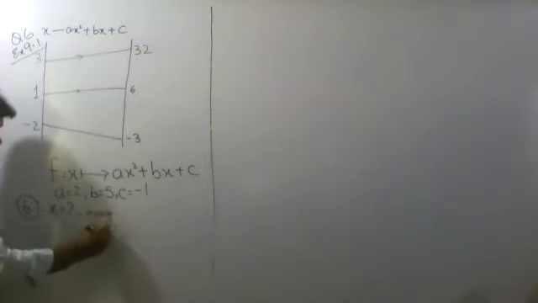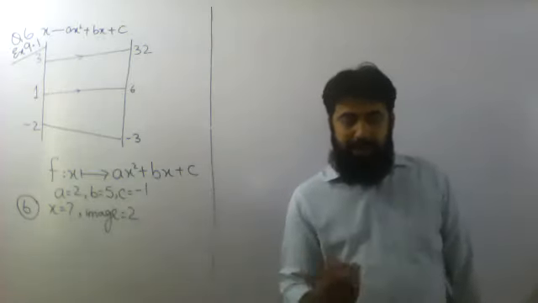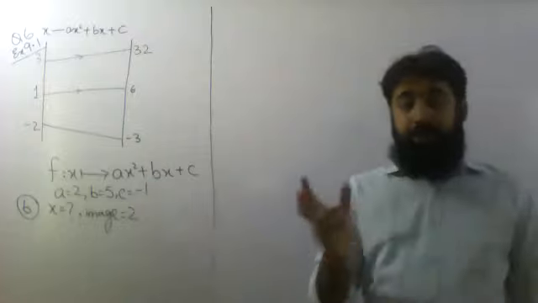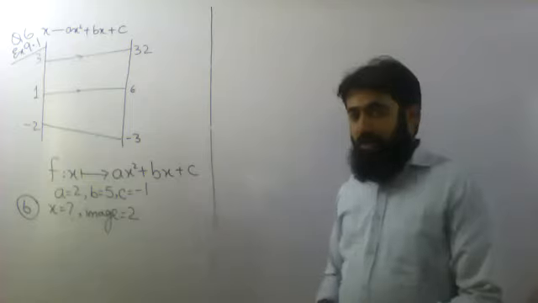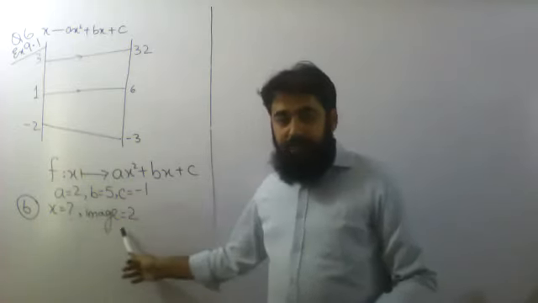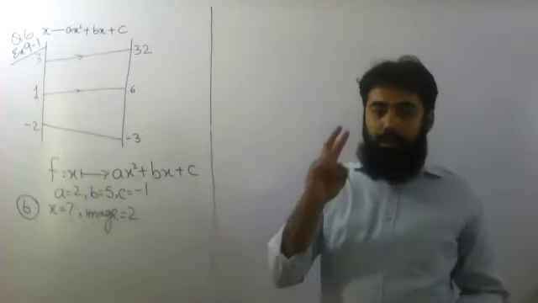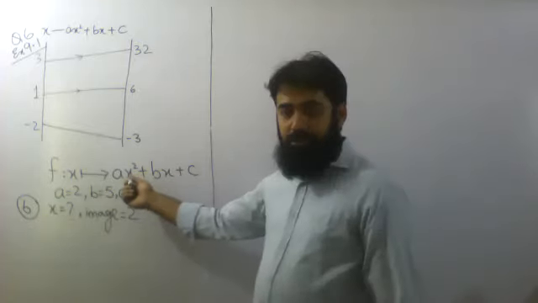Okay, so whenever we say the word image or range, it means we are talking about the answer of the whole function. So now they are saying, what will be the value of x if the image is 2? So how will I start? What was my function? This was my function.